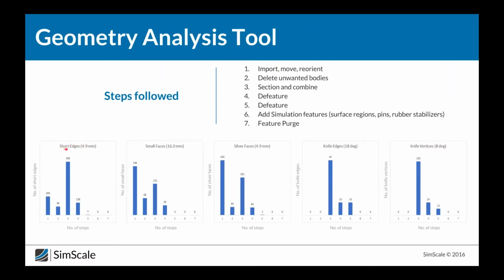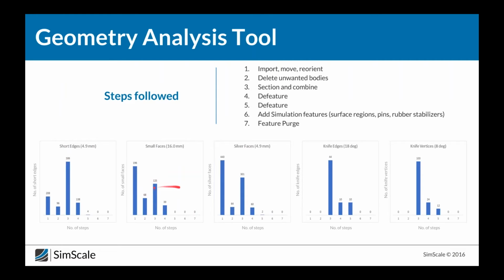Here are some more measures, and these are measures of potentially problematic geometry in the model. The purpose of showing this is to show that things get worse before they get better, which is typically a normal part of the process. So here I've started with just over 200 short edges, and then after the merge operation I've introduced almost 600 short edges, which I've then had to go and remove.